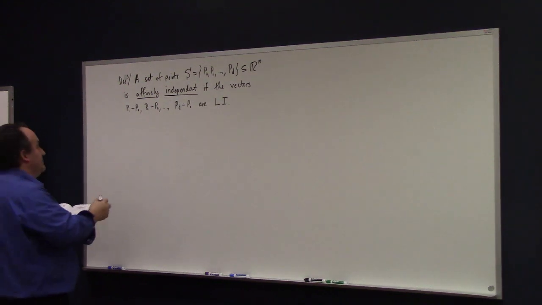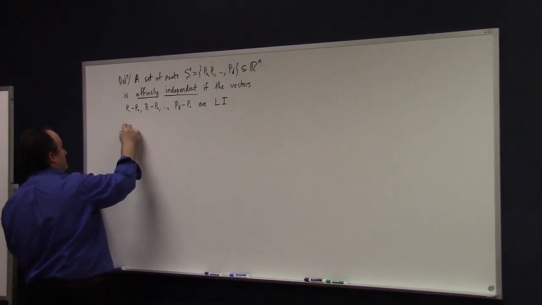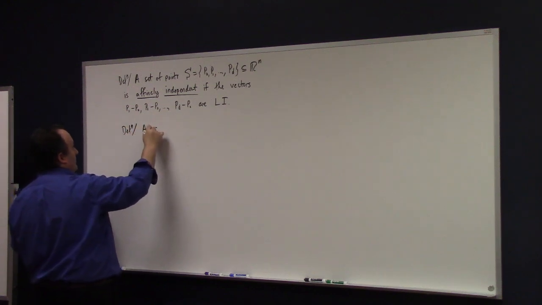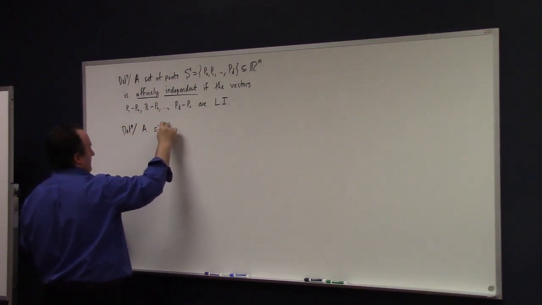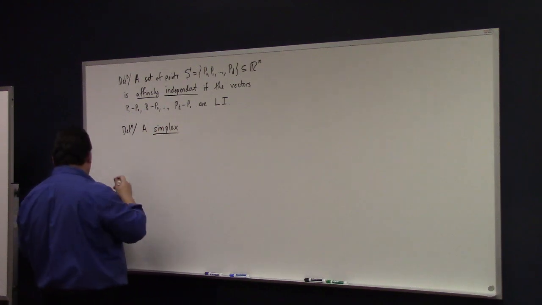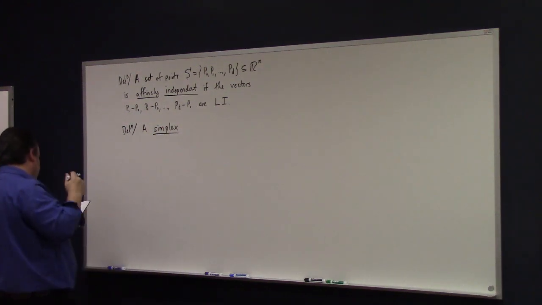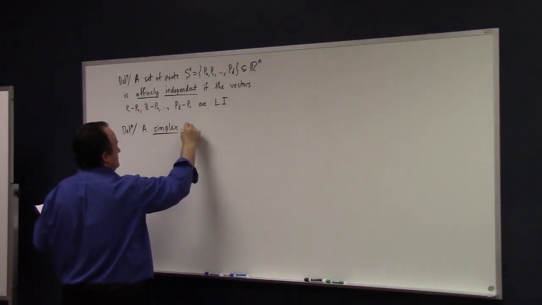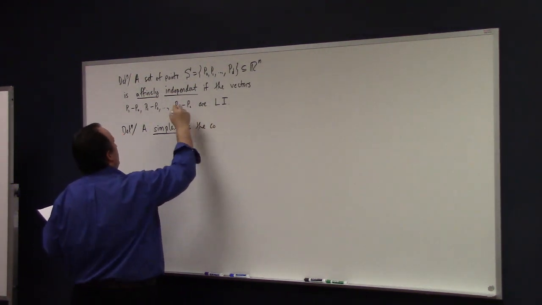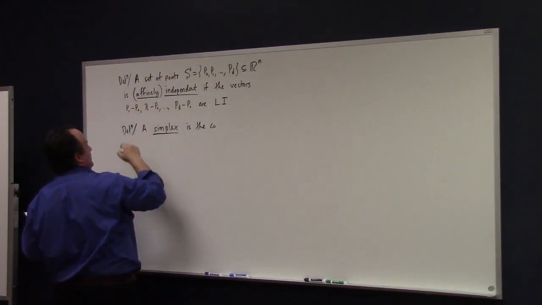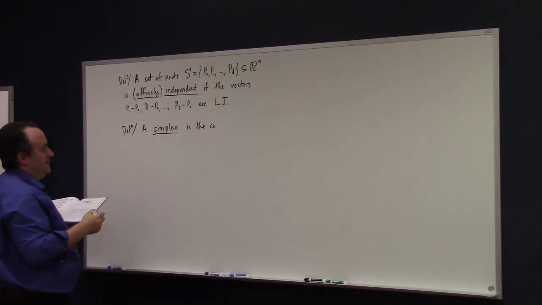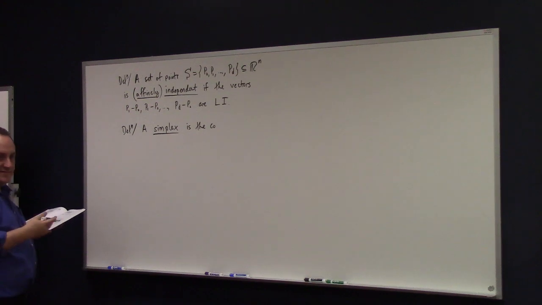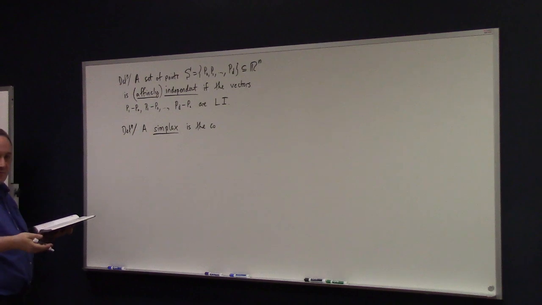A simplex. What's a simplex? A simplex is the convex hull of an affinely independent set of points. We're going to put some parentheses around the word affinely because we don't want to keep saying it 1,000 times, since it's clear we're talking about affine independence when we're talking about independence of points.